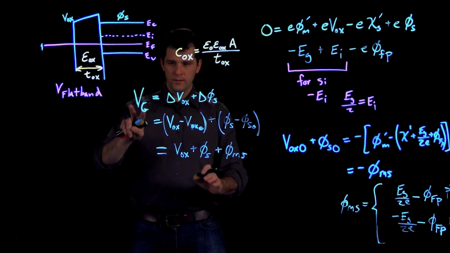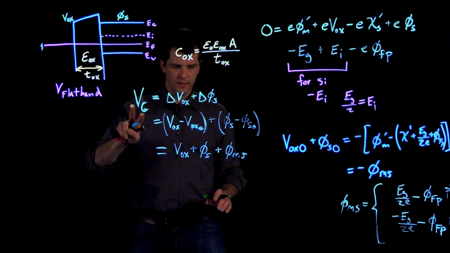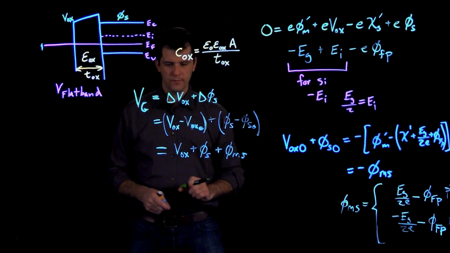So this tells us how the gate voltage is distributed between these two things.